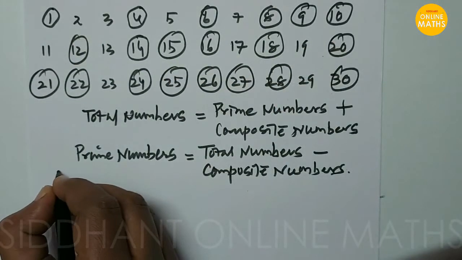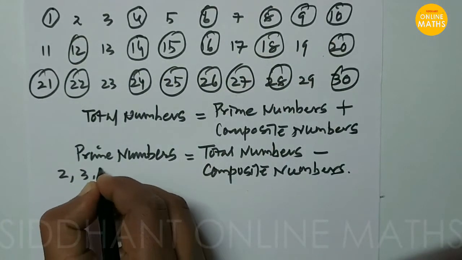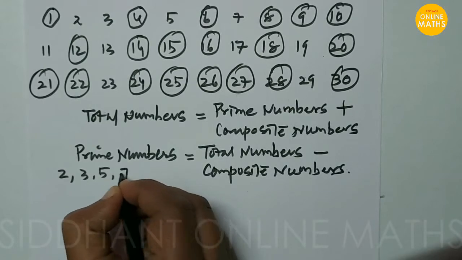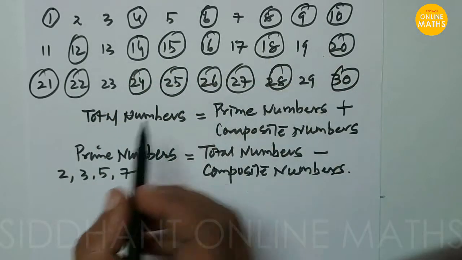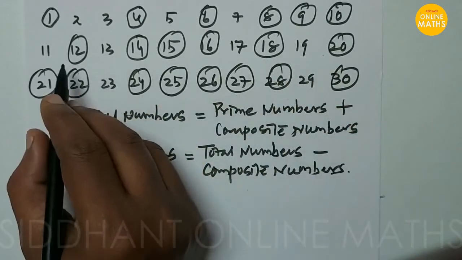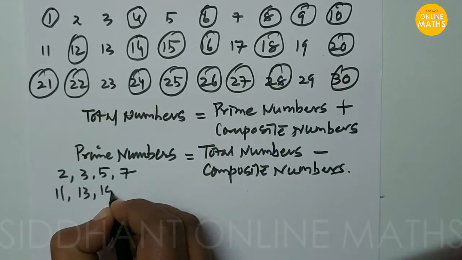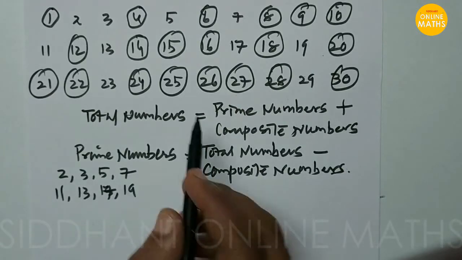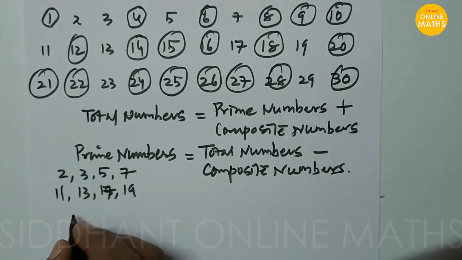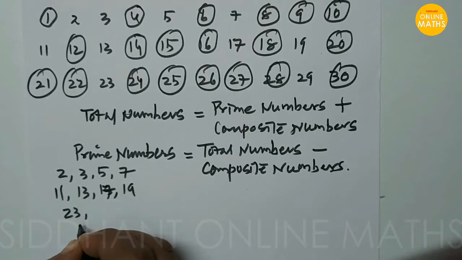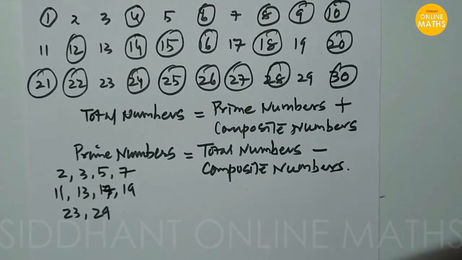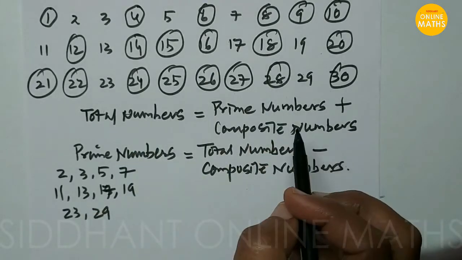We see 2, 3, 5, 7. So these are the prime numbers. And in the second row, we see 11, 13, 17, and 19. And in the third row, we see 23 and 29. So these are the prime numbers from 1 to 30, we can say.